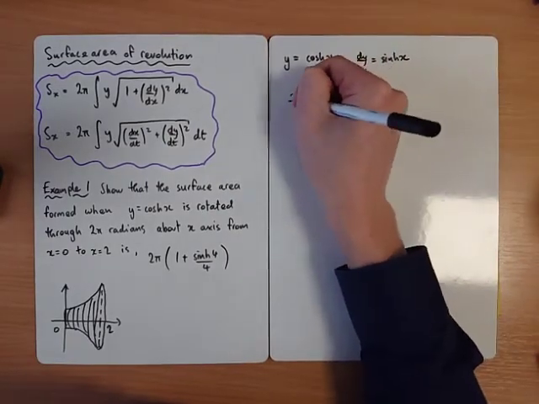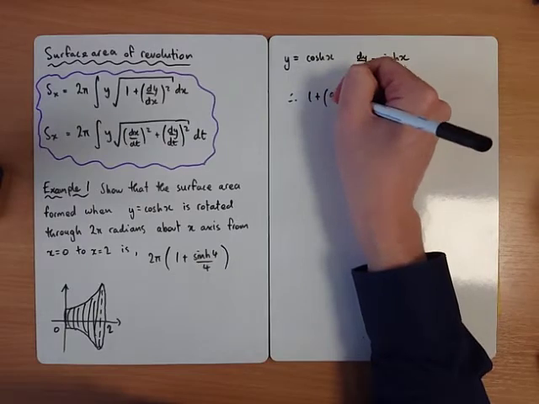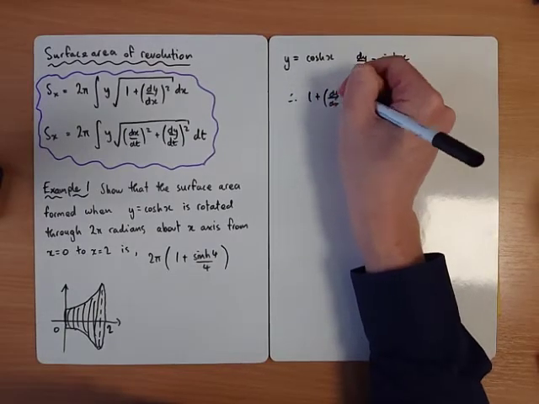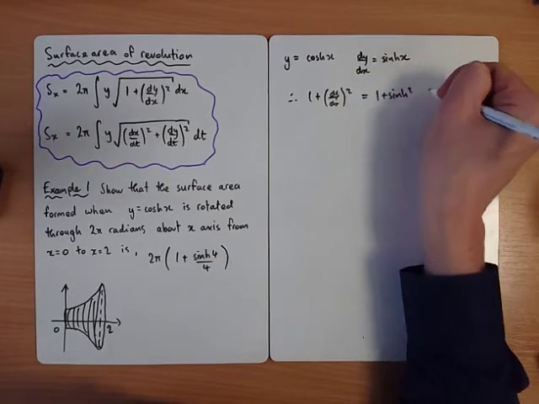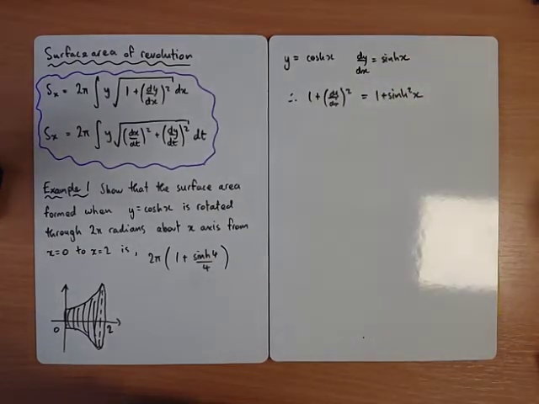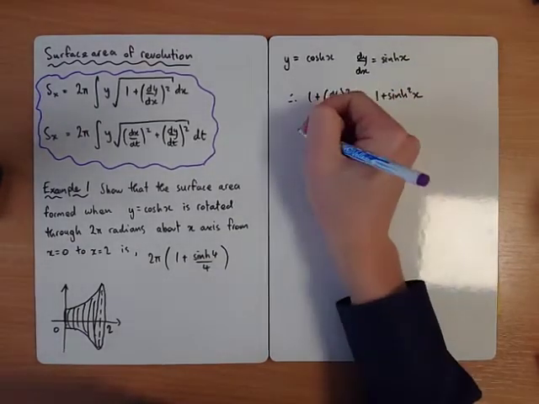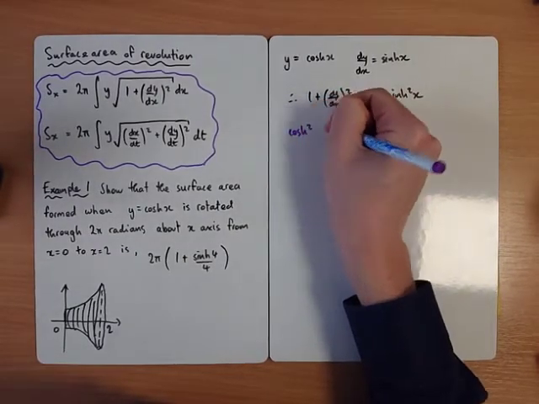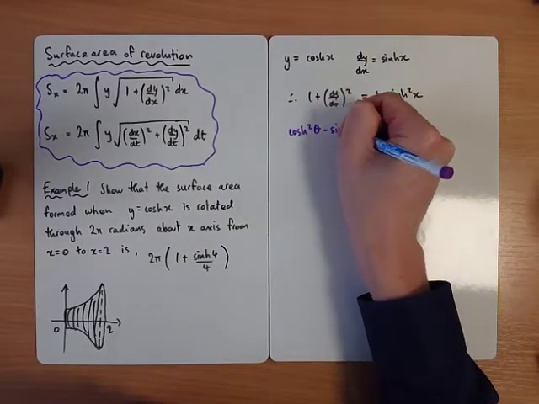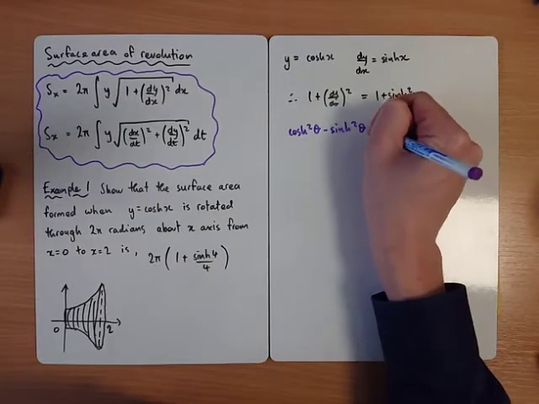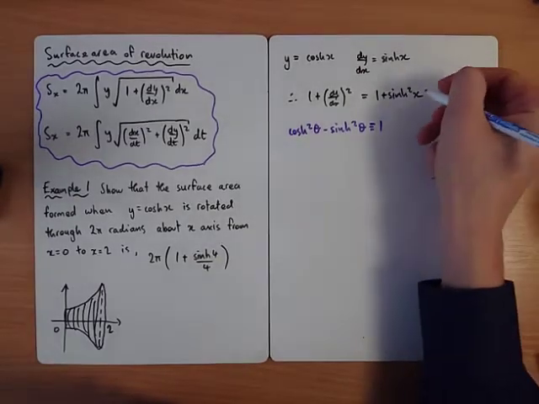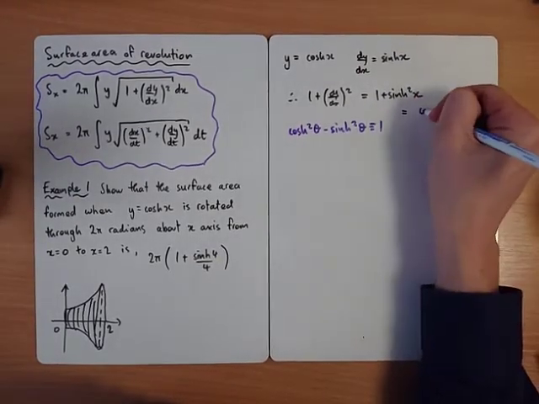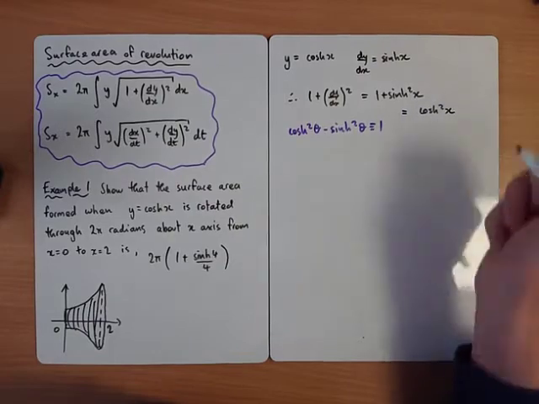So 1 plus dy by dx squared would equal 1 plus sinh squared x. We know cosh squared minus sinh squared equals 1. So this would equal cosh squared x.